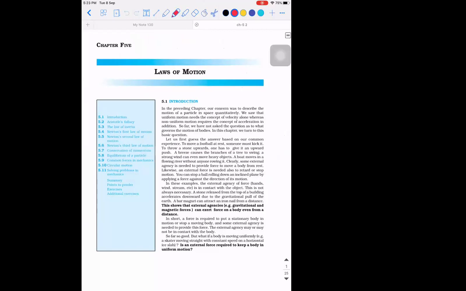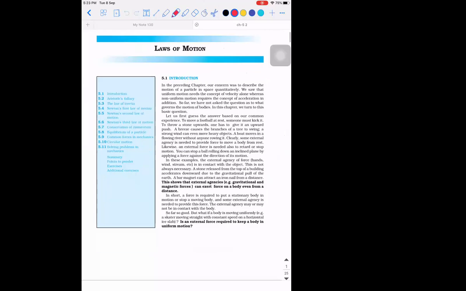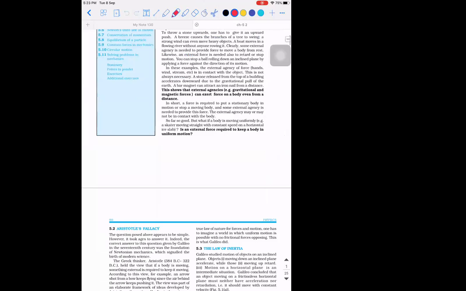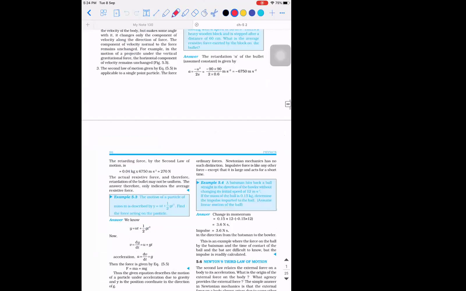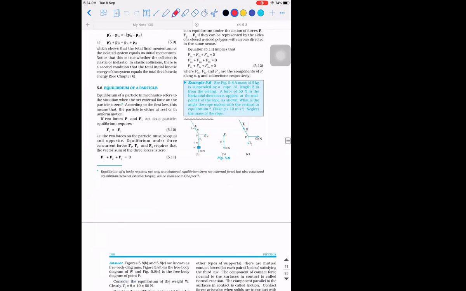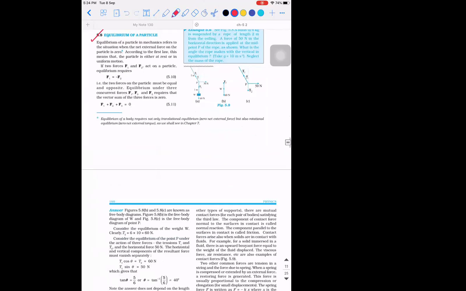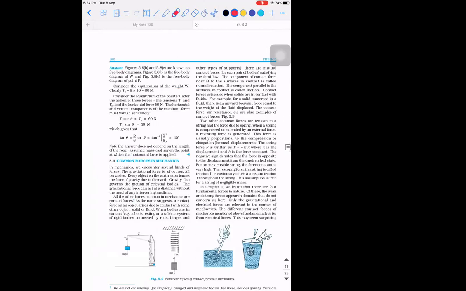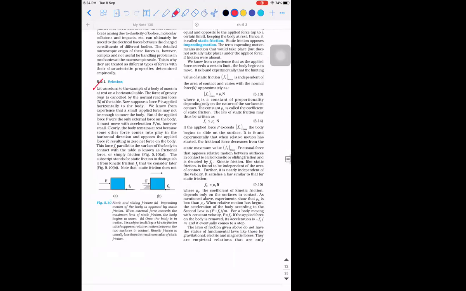So in laws of motion, we have completed everything. We have seen conservation of momentum, equilibrium of a particle, common forces, friction, and static friction.